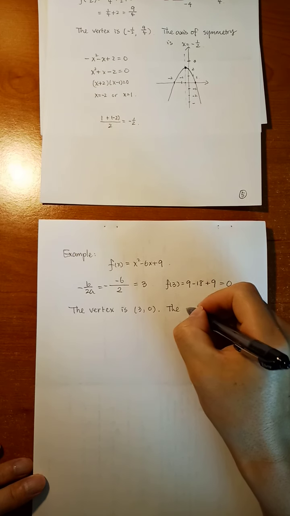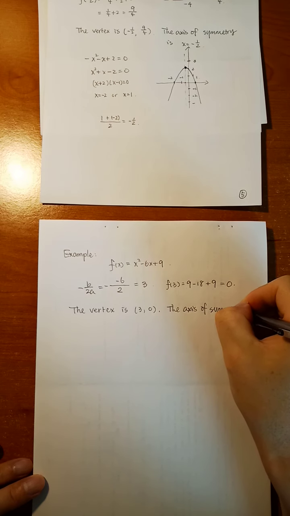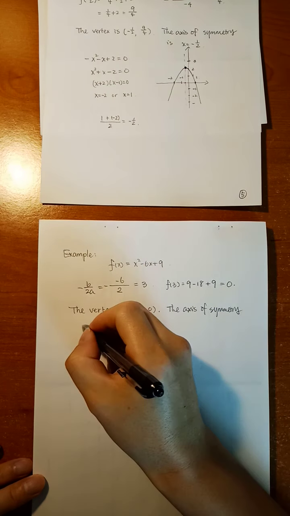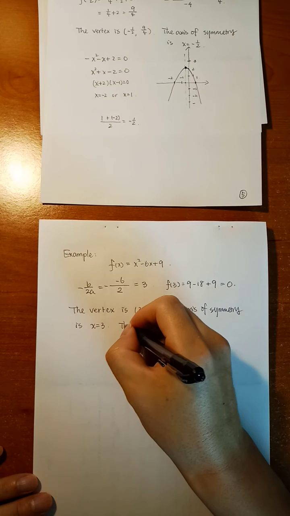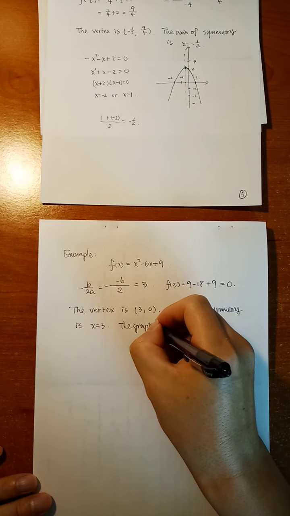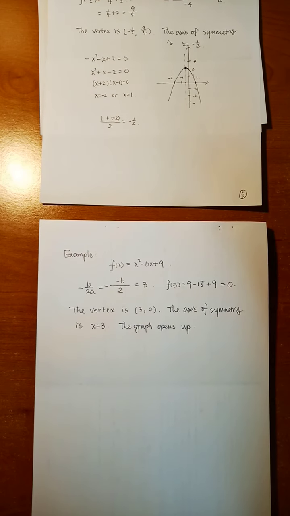The axis of symmetry is x equal to 3. The graph opens up because the coefficient of x squared is positive.